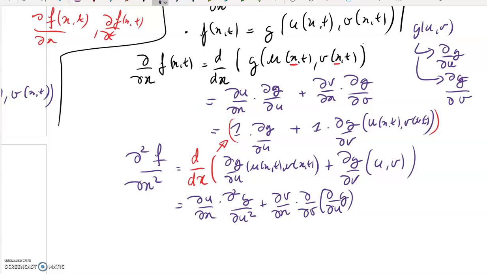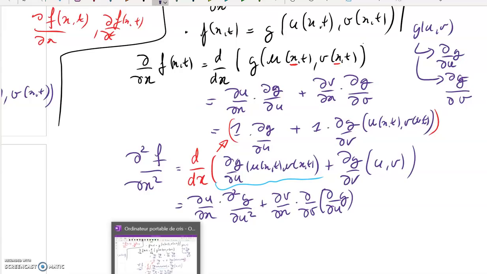I'm applying the chain rule. This has been addressing that first part. So I've got the whole second part to deal with again. That's going to be du over dx times d over du of d over dv of g.